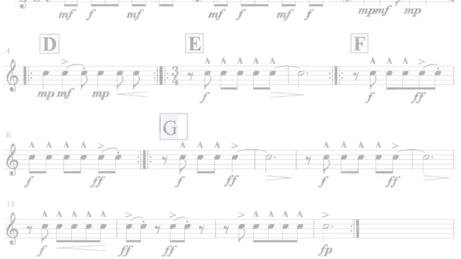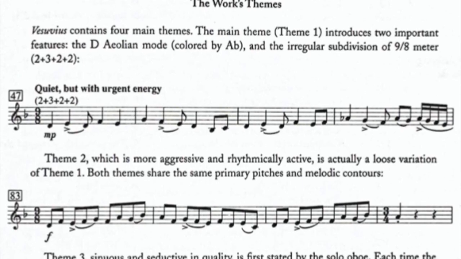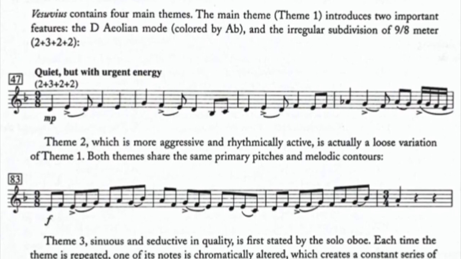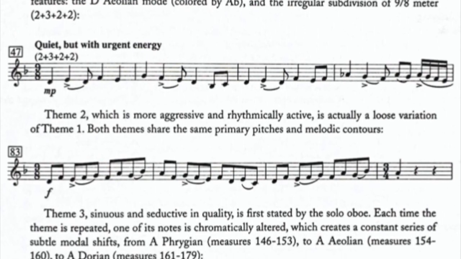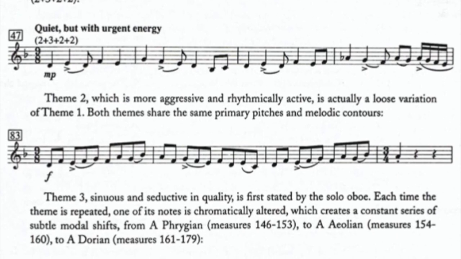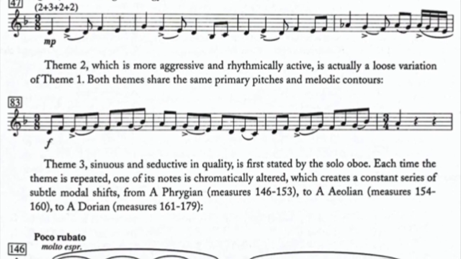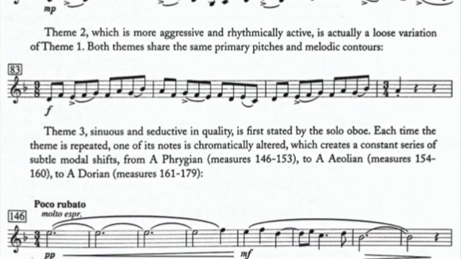In Vesuvius, we've got four main themes that come in and out of the picture quite a few times throughout the work. And in this first exercise, we're going to be looking at three of those four. These are definitely more rhythmic, definitely more energetic, and we need to really zero in on the articulations, the rhythm, and the style that we're playing them.